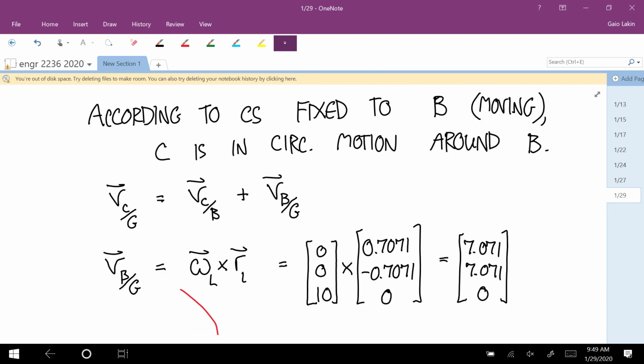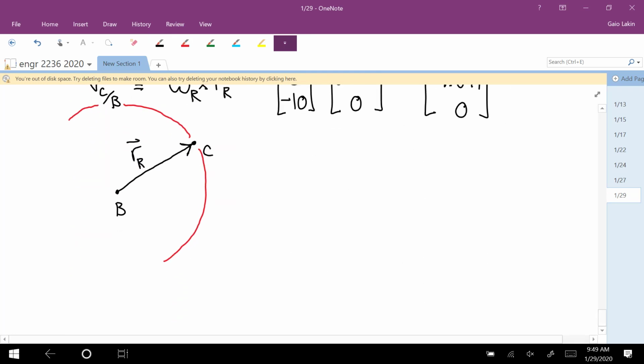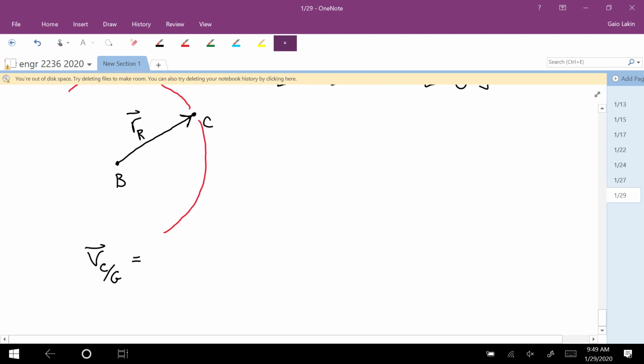We already came up with the relative motion equation we want. So the velocity of C relative to the ground is equal to the velocity of C relative to B plus the velocity of B relative to the ground.